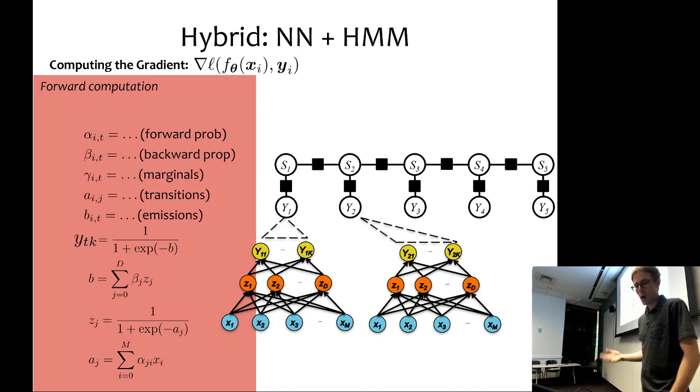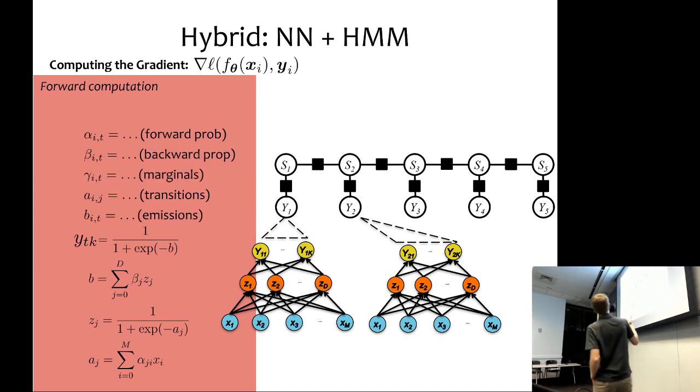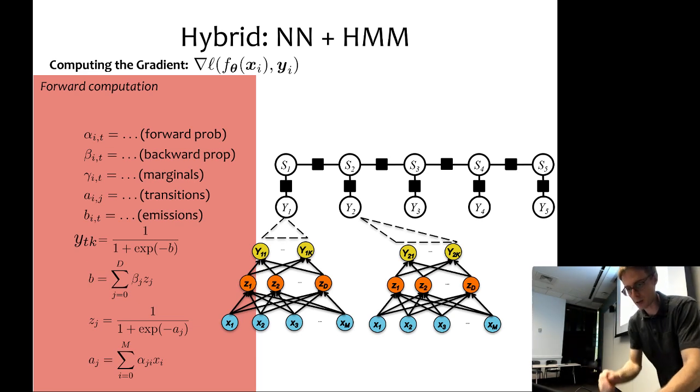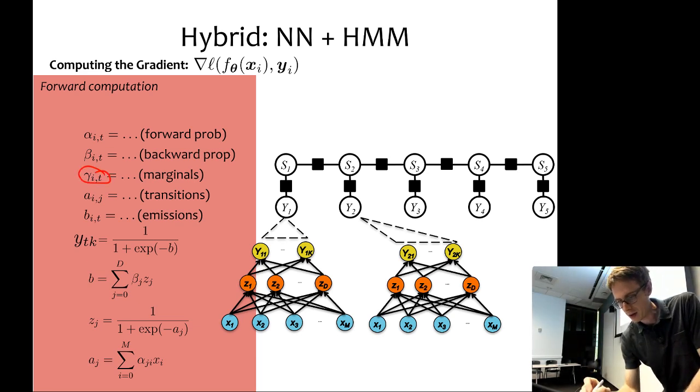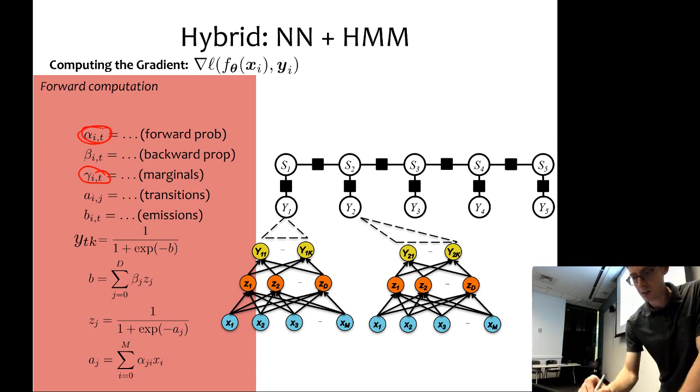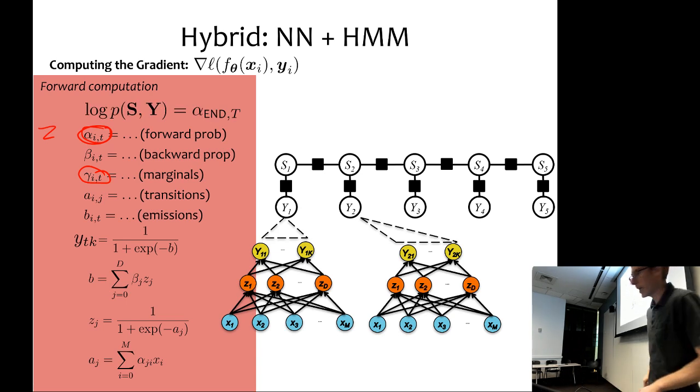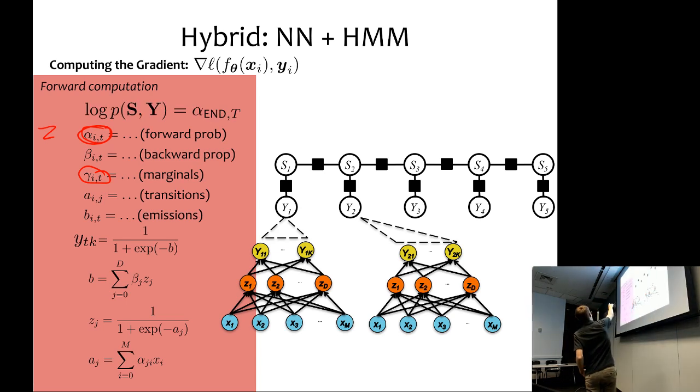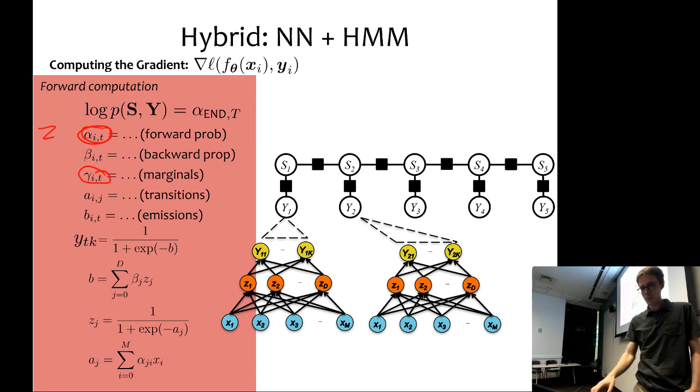Given the y's, we run the belief propagation algorithm, and the output will be the marginals. And one of these alphas is going to be the total probability of the actual sequence that we observe.